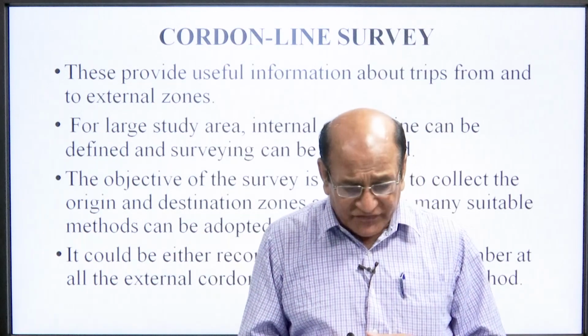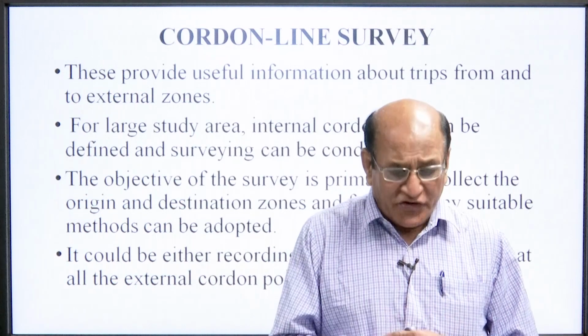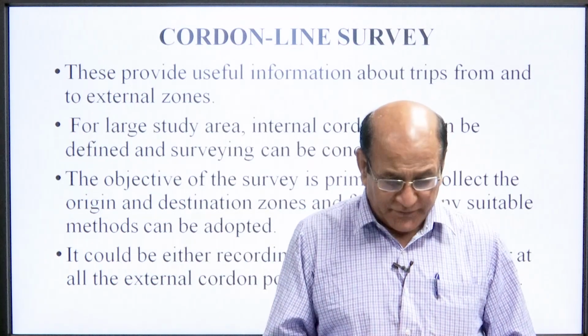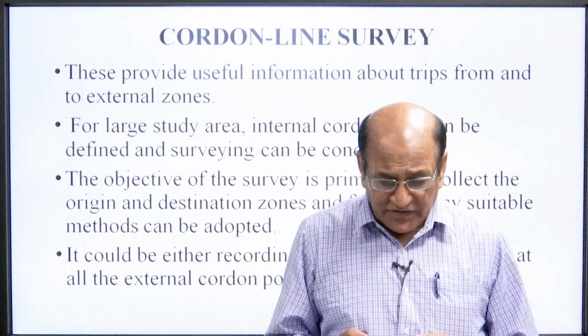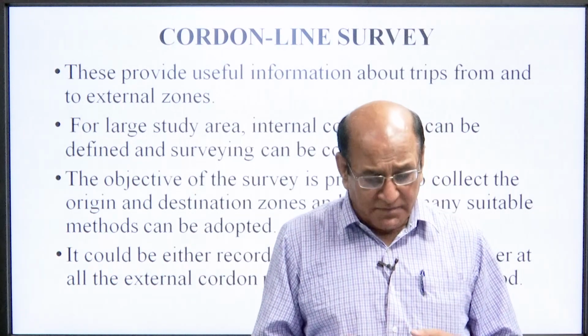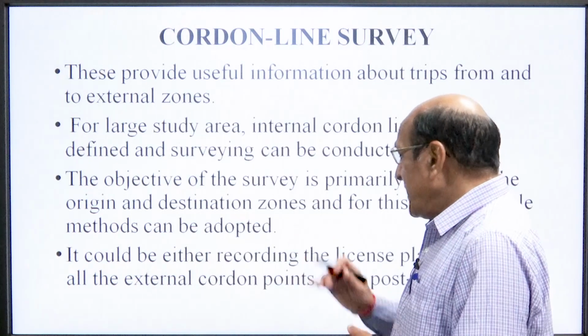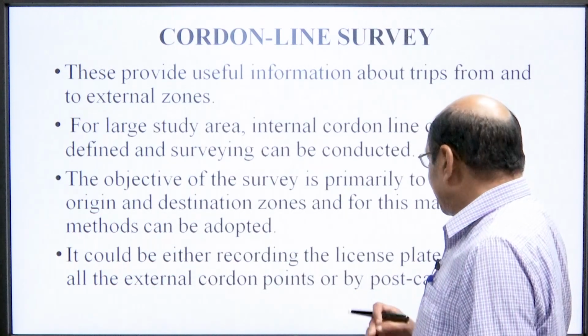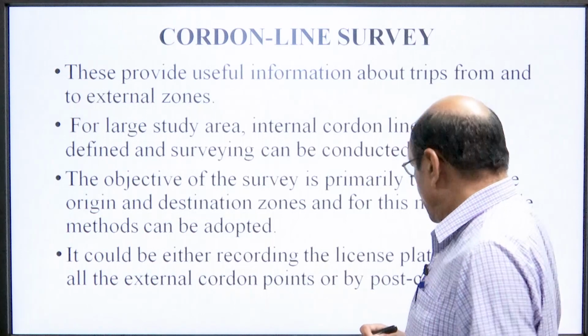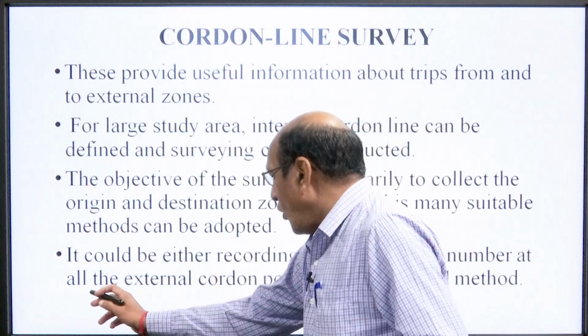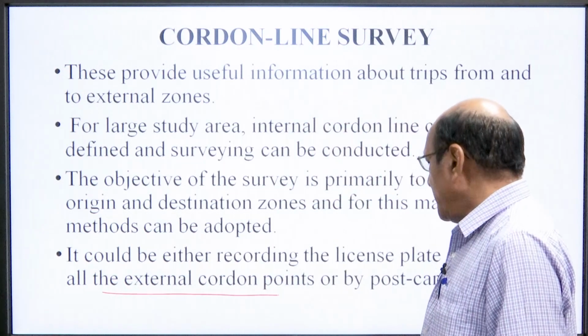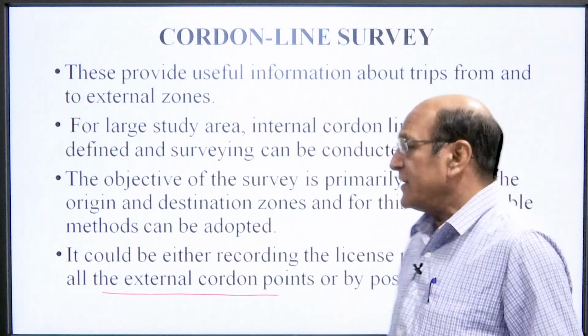The objective of the survey is primarily to collect the origin and destination zones, and for this many suitable methods can be adopted. It could be either recording the license plate number at all external cordon points or by the postcard method.